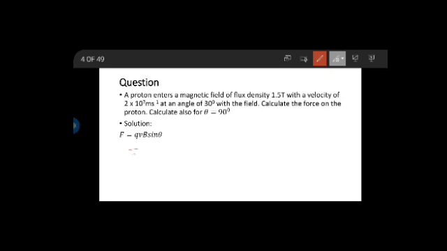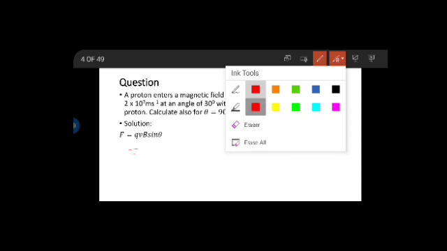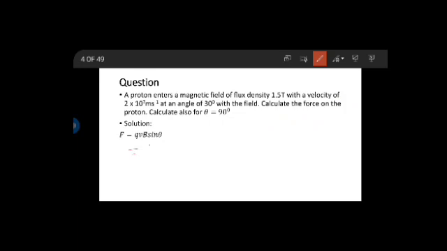Now, I want to say this, that the charge of a proton is actually constant. Charge of a proton is constant, okay? So that means it is 1.6 × 10⁻¹⁹. That means this force now will be 1.6 multiplied by 10⁻¹⁹.